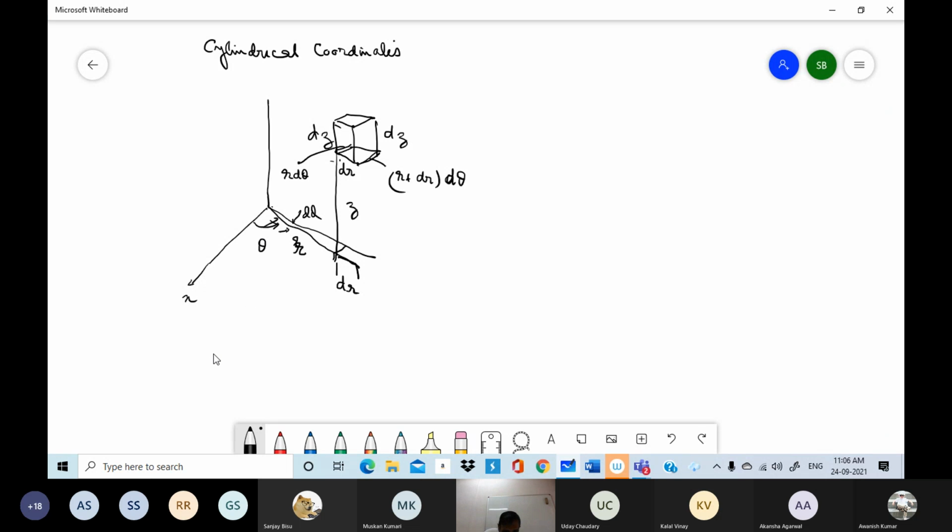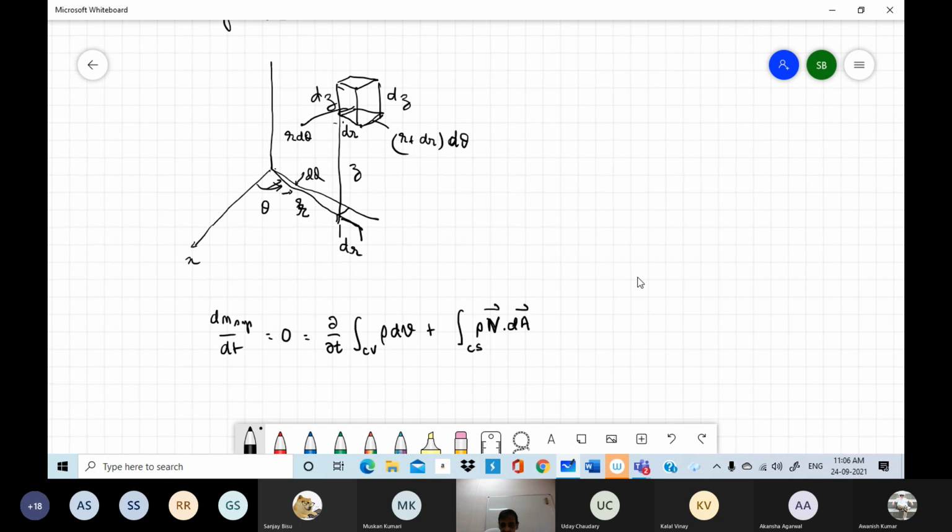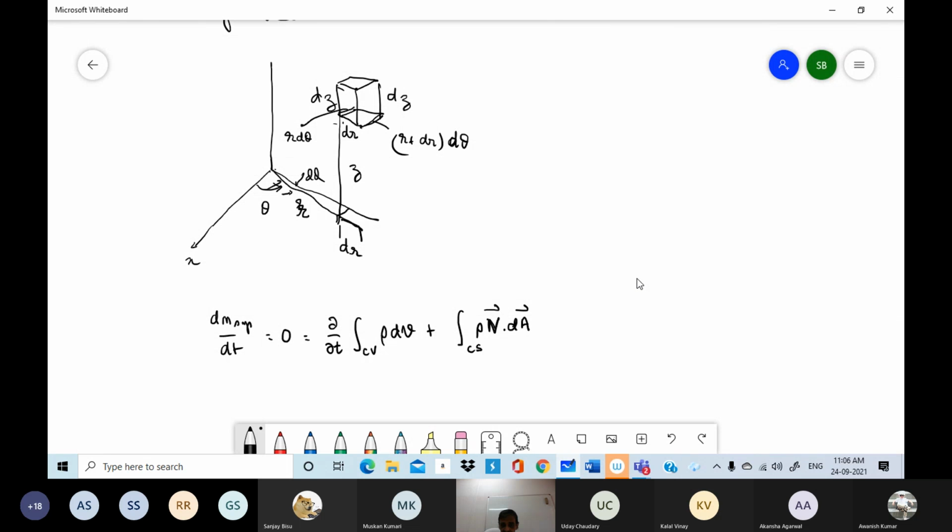Now conservation of mass says, and dm system by dt by Reynolds transport theorem is, so once again I need to evaluate these terms.